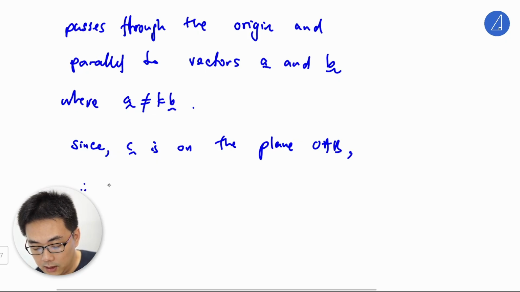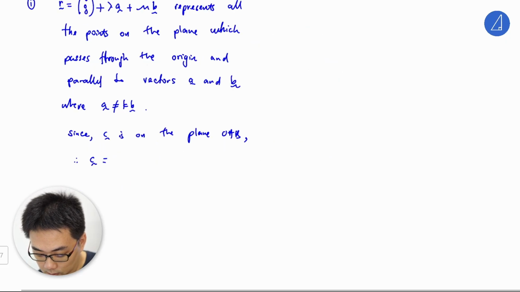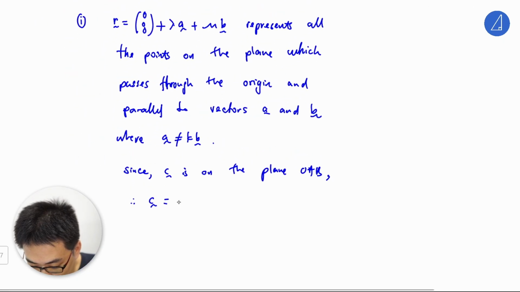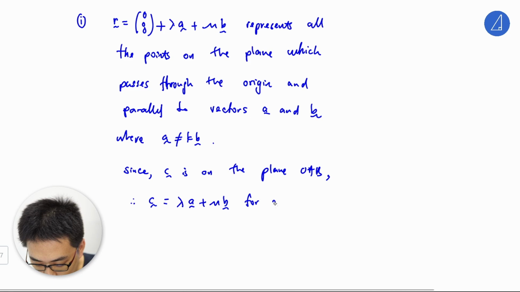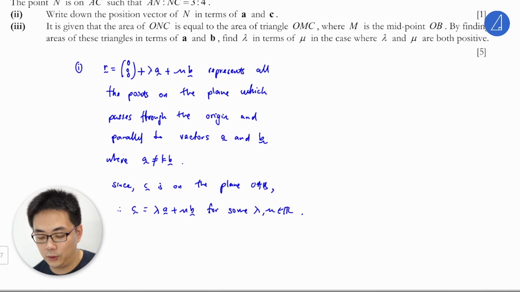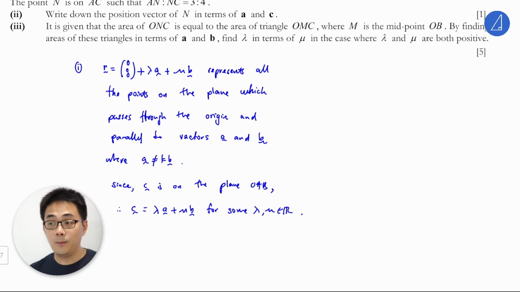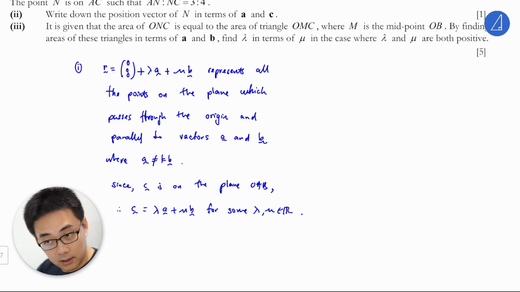So hence C is equal to lambda A plus mu B, for some real values lambda and mu. One mark. You don't need to write everything here, but this is as precise as you can get. I write down everything that I think is required.